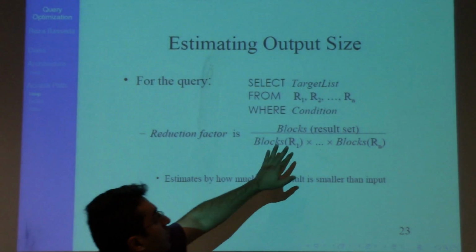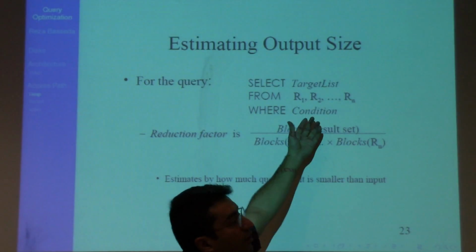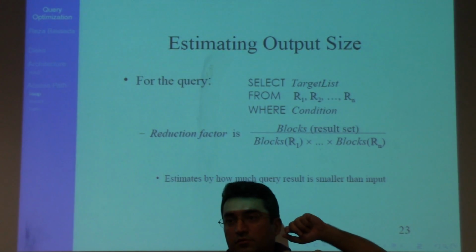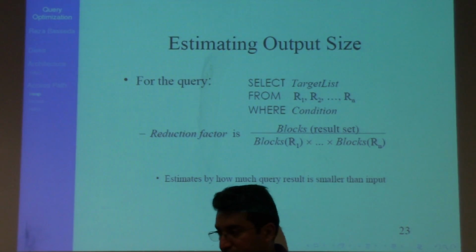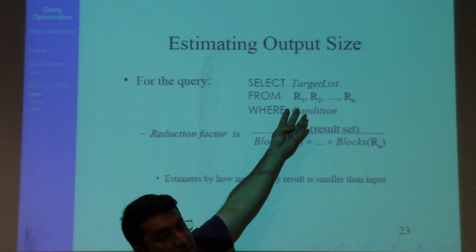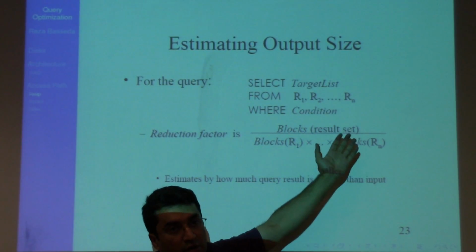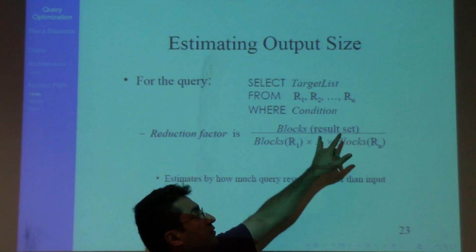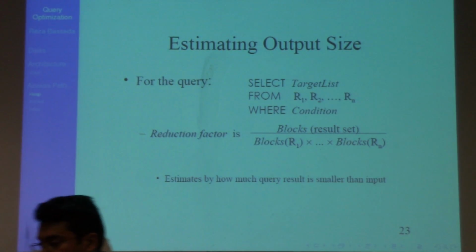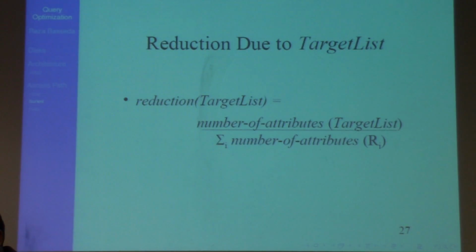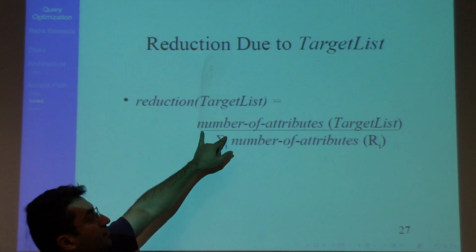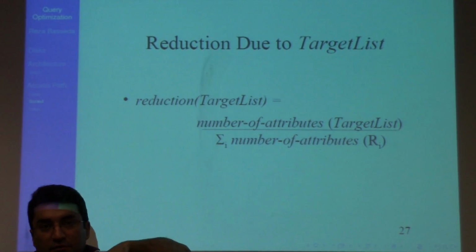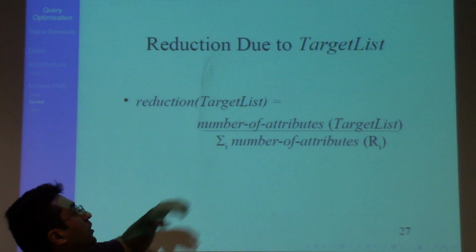R1, R2, R. What is the maximum number of attributes? The sum of all of the number of attributes, right? Suppose that this is name and family name, and this is name and family name, but you will have a different shape for this. So the denominator is the sum of all of the number of attributes, and the numerator is only the attributes we are taking. Okay? This is the reduction of the target list.